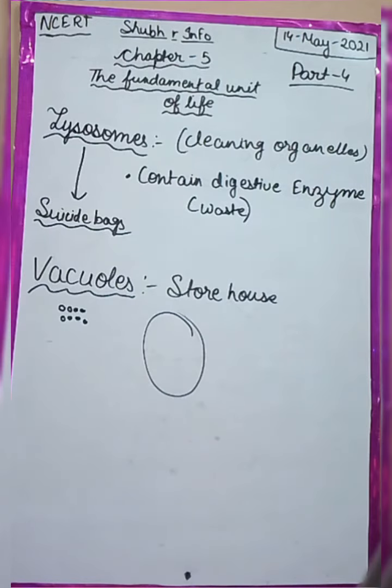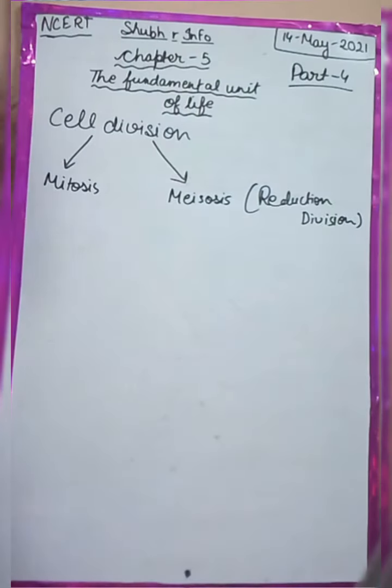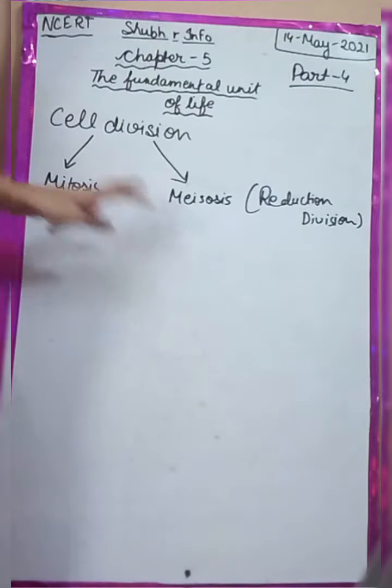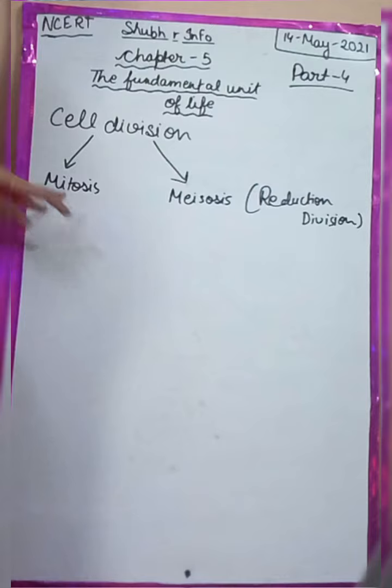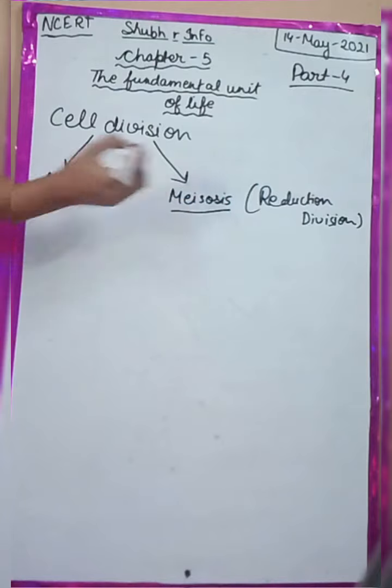Now we come to the cell division. So cell division can be there in two types. So what are these two types? What is cell division? The division of cell into two categories is known as cell division, right? What are those categories? The first one is mitosis and the other one is meiosis.